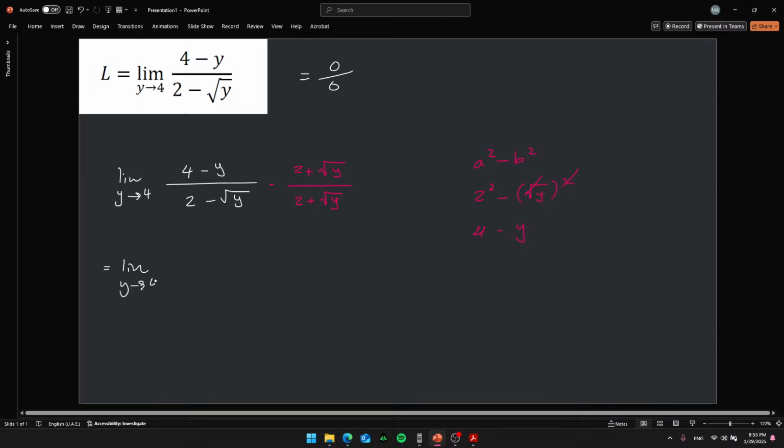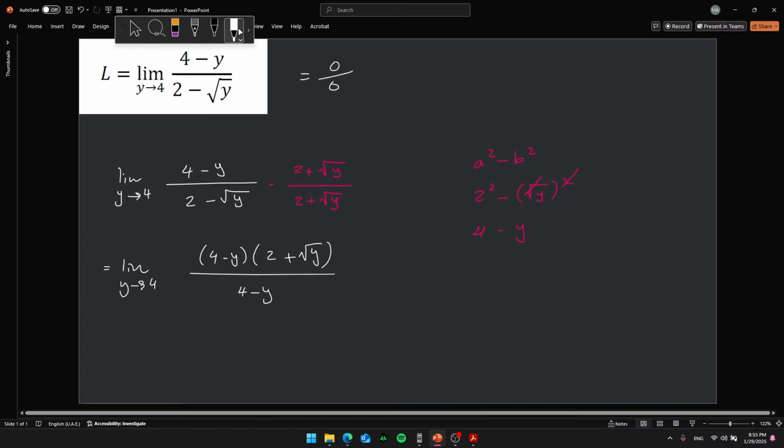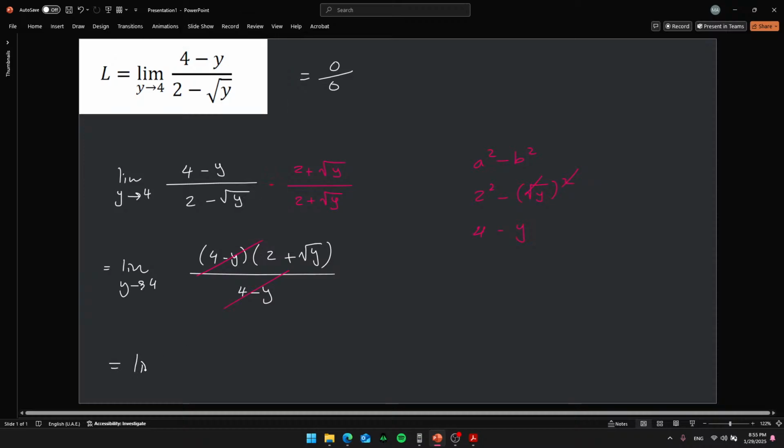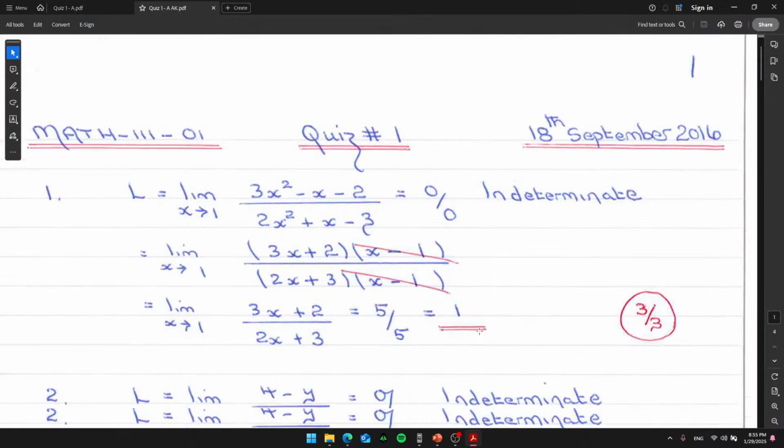Limit as y approaches 4 of 4 minus y times 2 plus root y over 4 minus y. So you can clearly say we can cancel 4 minus y from top and bottom, and you should be able to plug in your number and it should be fine. 2 plus root 4, 2 plus 2, which is 4. Just check. Yep.